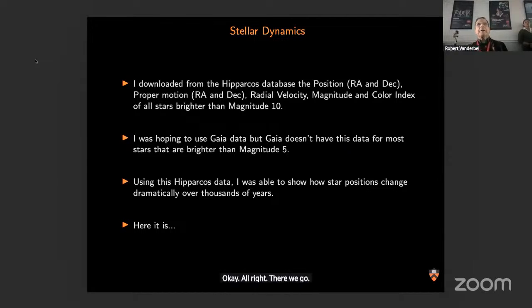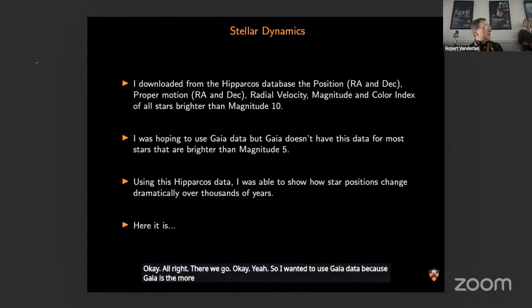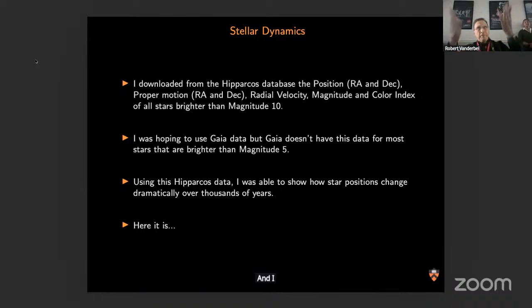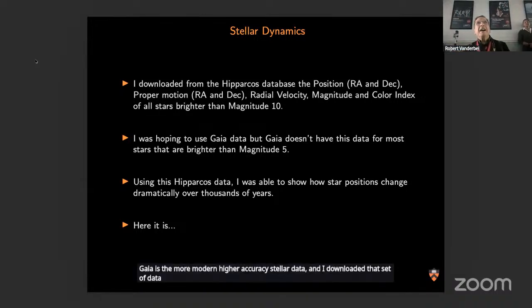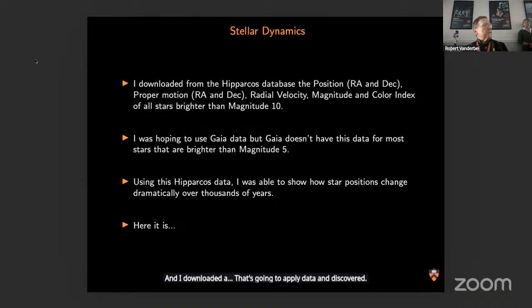Yeah, so I wanted to use Gaia data because Gaia is the more modern and higher accuracy stellar data. And I downloaded that set of Gaia data and discovered the bright stars are not in the data.